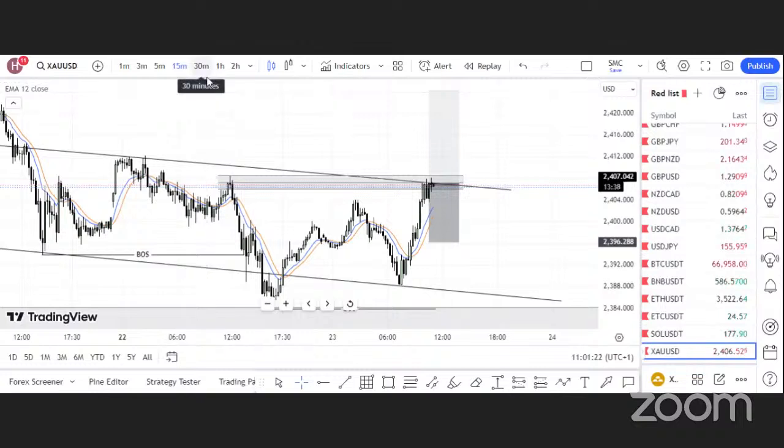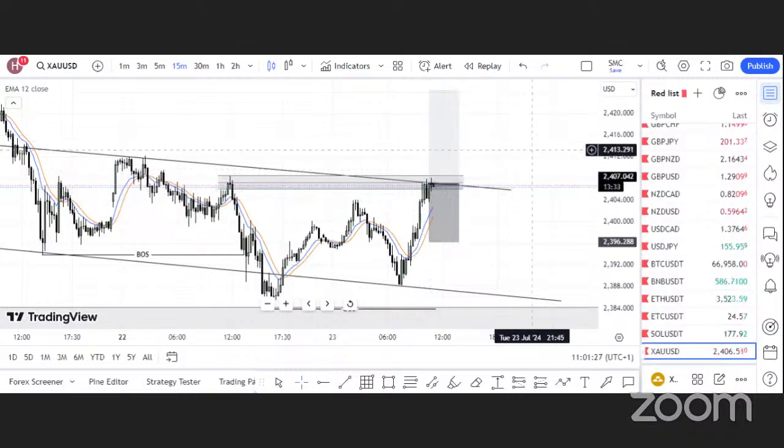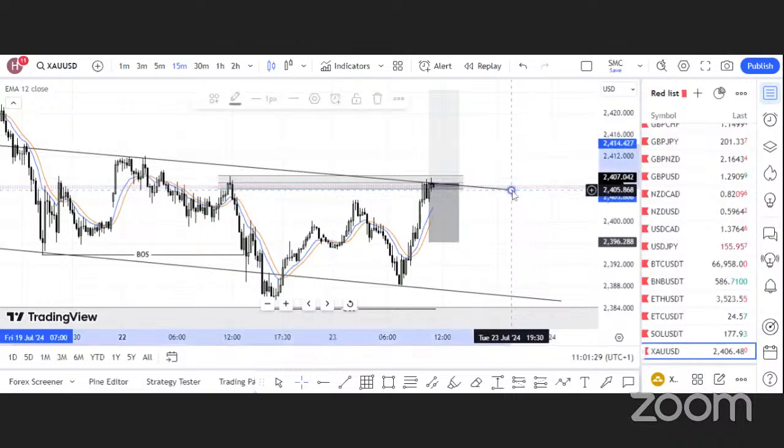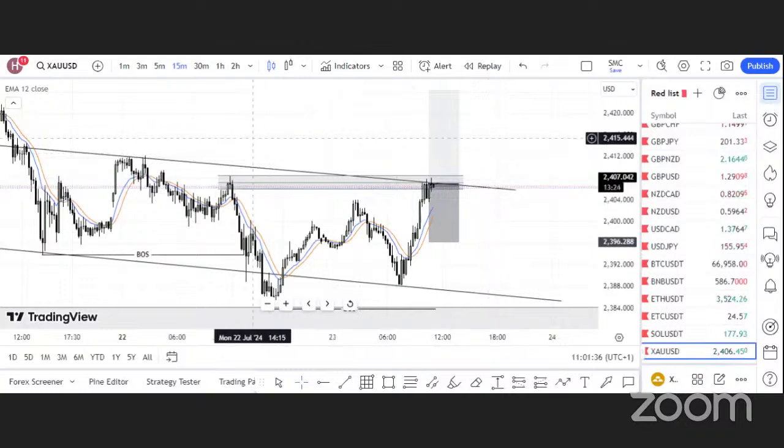I would have preferred if the market actually closed with a body. But what we have here is a doji candle.